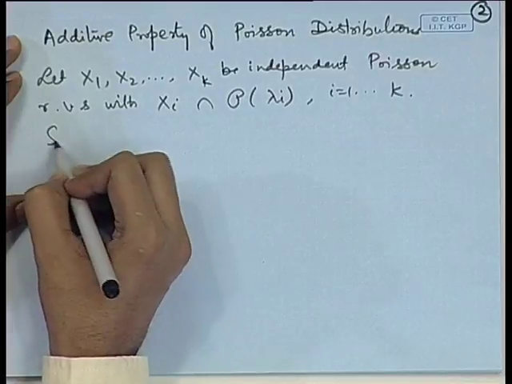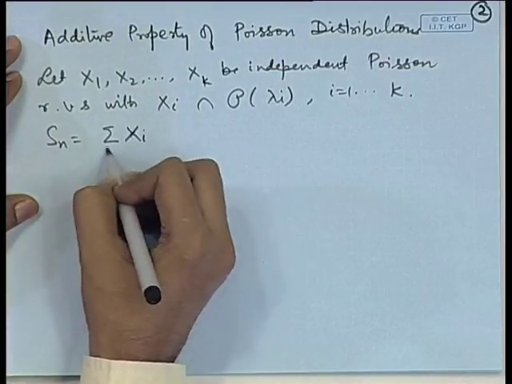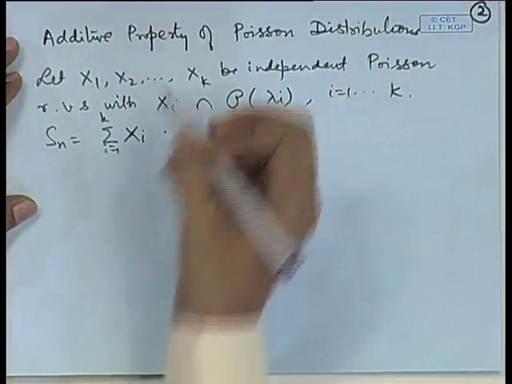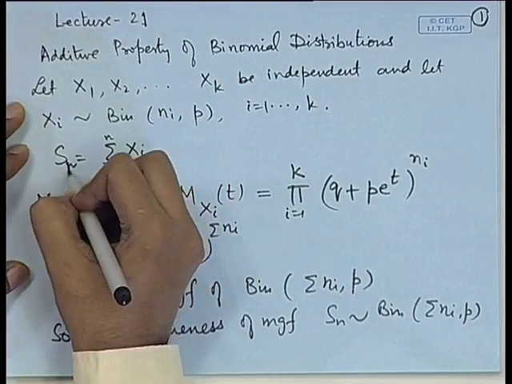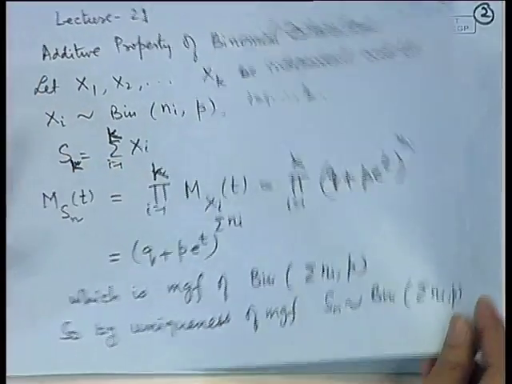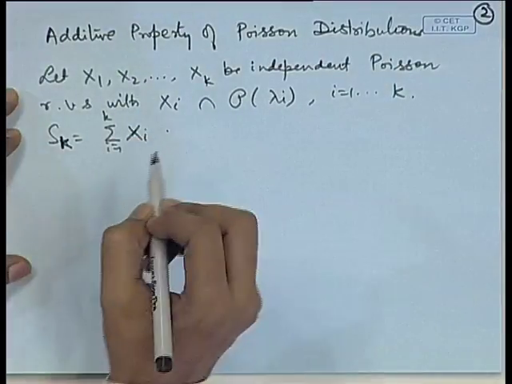Once again we are interested in the distribution of the sum of Xi for i equal to 1 to k. I think I made a mistake here, this should be Sk, that is sigma Xi for i equal to 1 to k. So, here also it will be a sum of k variables.